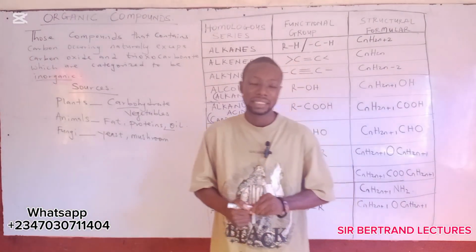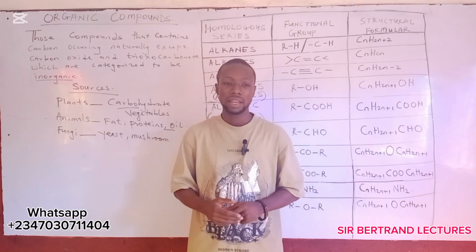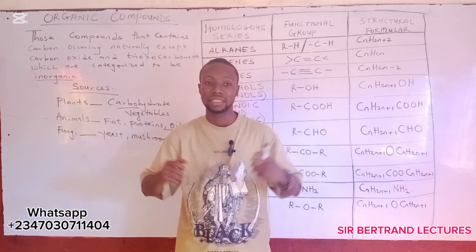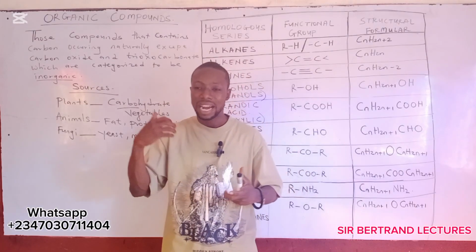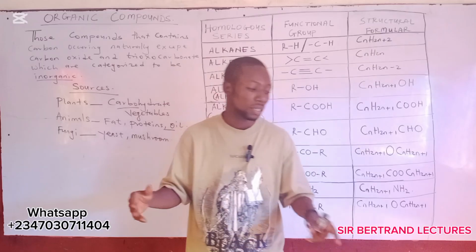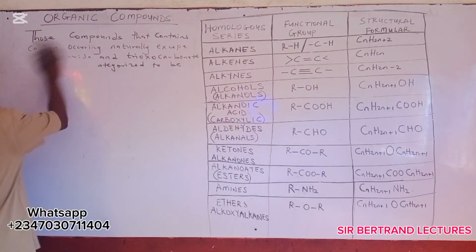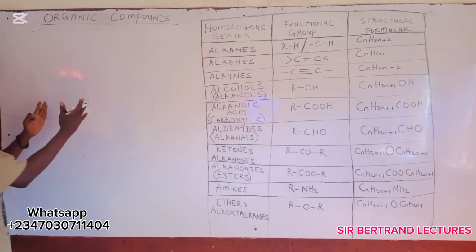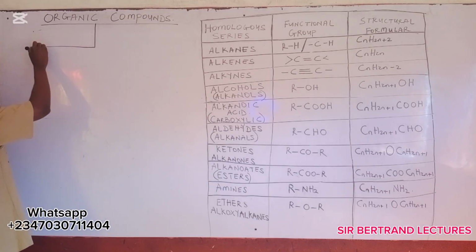We are going to look at the classification of organic compounds. I'm going to draw on the board the chart that shows different classes of organic compounds, how organic compounds are categorized into different groups. Now looking on the whiteboard, this is organic compound.